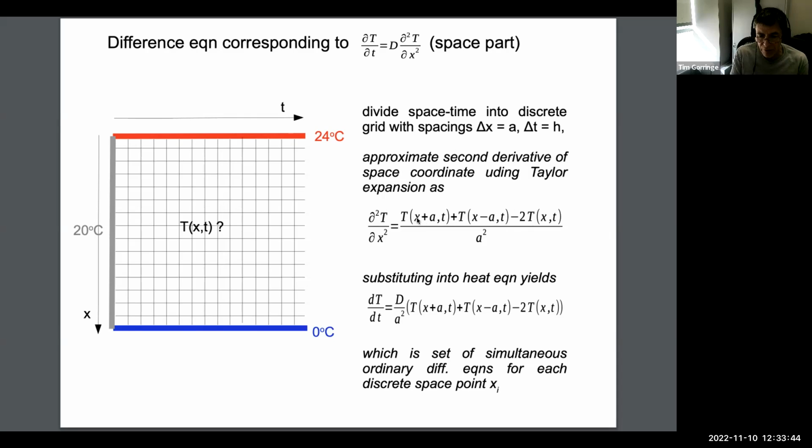This involves the temperature at some point x and the temperature at neighboring points x plus a and x minus a, and this combination determines the curvature of the temperature, or this second order partial differential. And again, this a here is the lattice spacing of these space points.